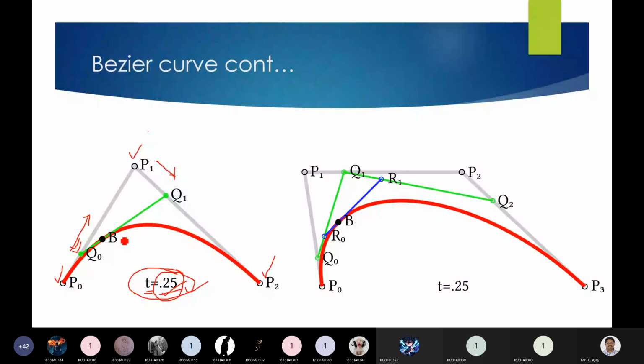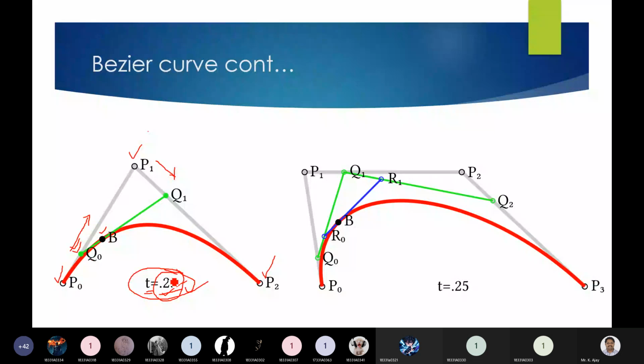Now again, on this q0 q1, if you apply t equal to 0.25, you can get a point called b, which is 1/4 of the way along q0 q1. This b is a point, and it gives you the point on the Bezier curve.